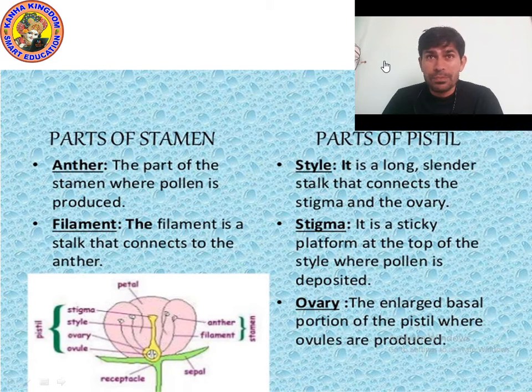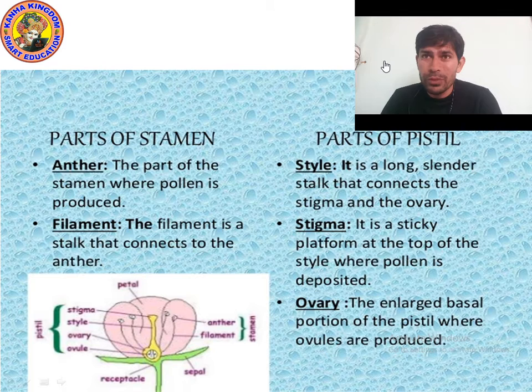When the pollen comes on the style, it goes inside into the ovary. Stigma is sticky. It is a really sticky platform at the top of the style.